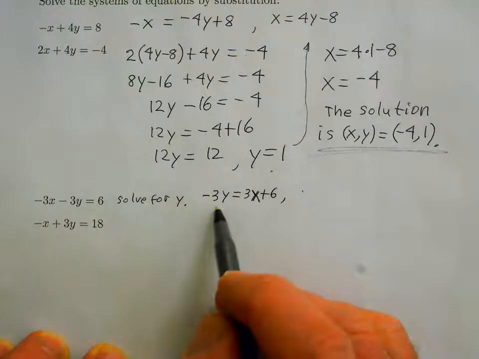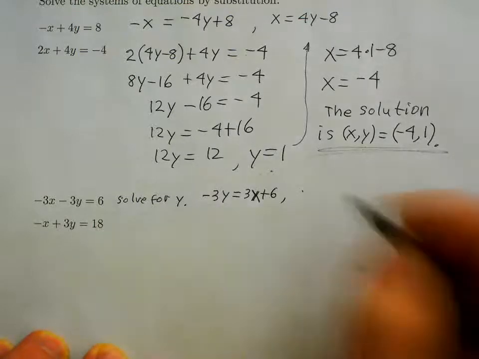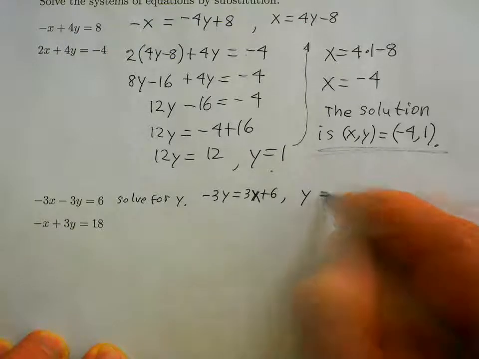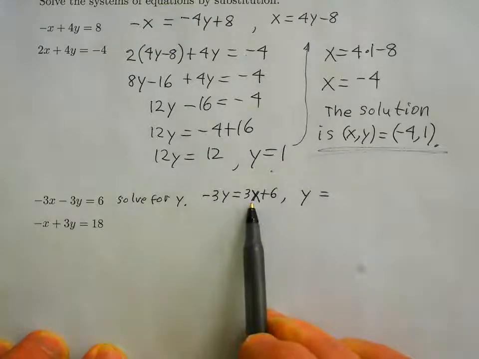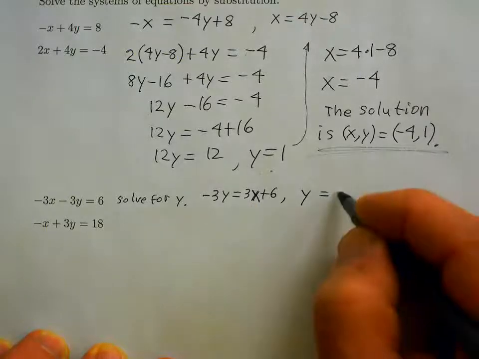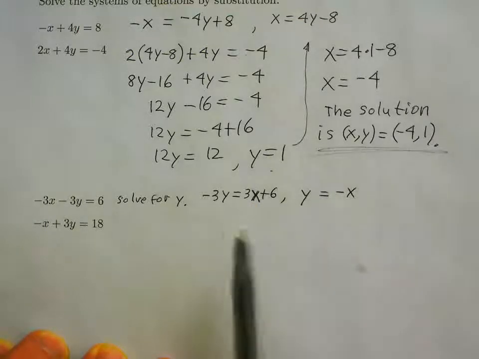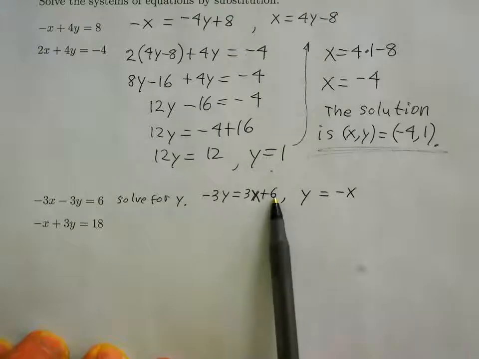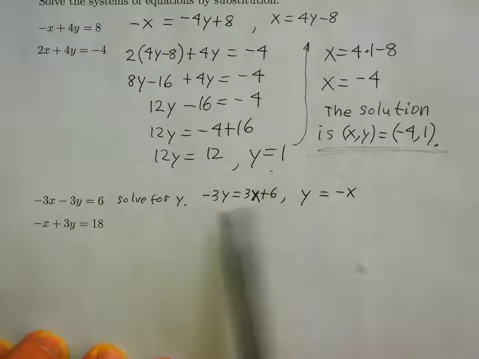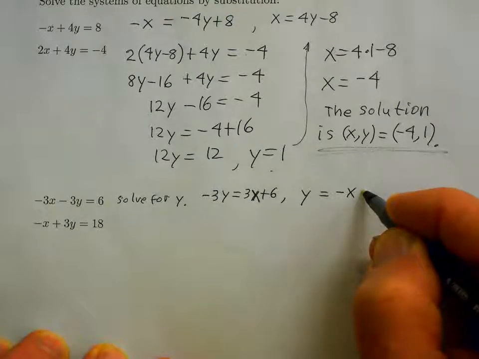Negative 3y divided by negative 3 is y. 3x divided by negative 3 is negative 1x, or just negative x. And then 6 divided by negative 3 is negative 2, so I write y equals negative x minus 2.